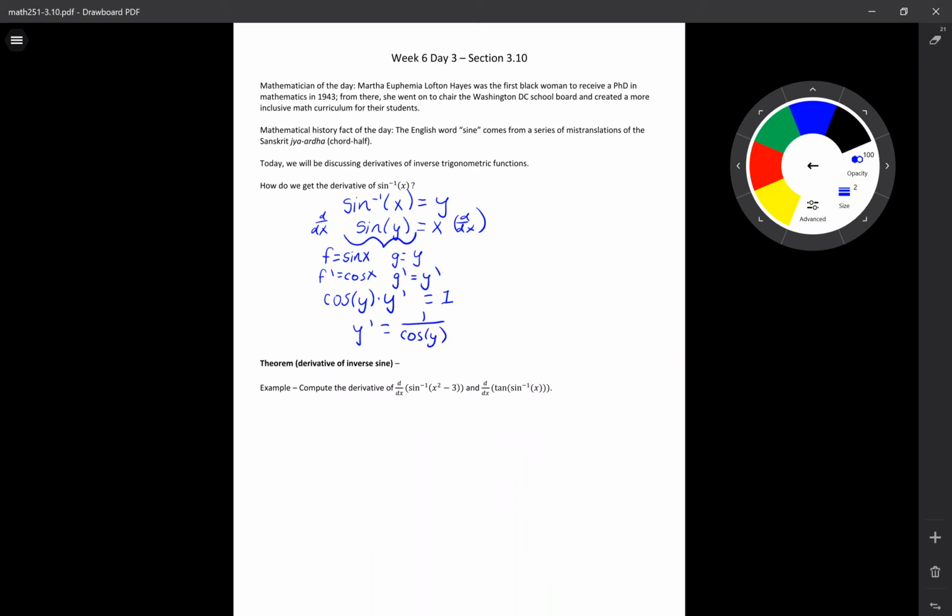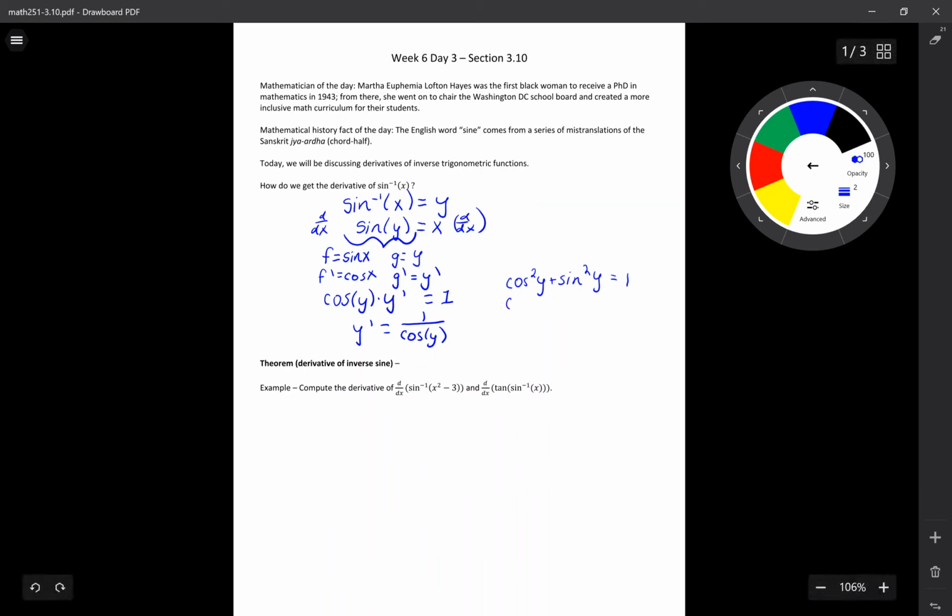Well, that's great, but what is cosine of y here? Well, I want to write it in terms of x instead, because my sine inverse of x is in terms of x, not in terms of y. So I want to get this in terms of x. I have the identity cosine squared of any angle plus sine squared of any angle is equal to 1.